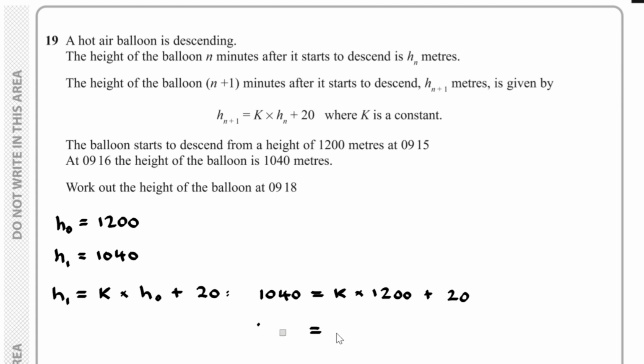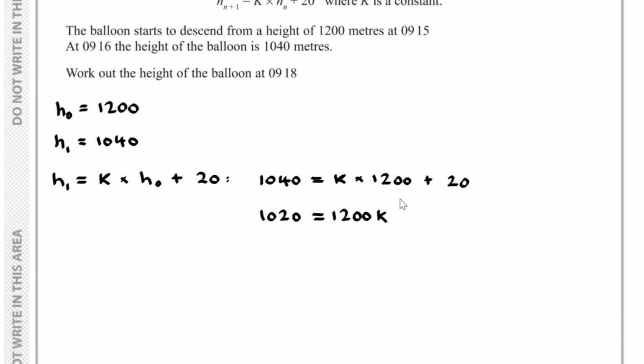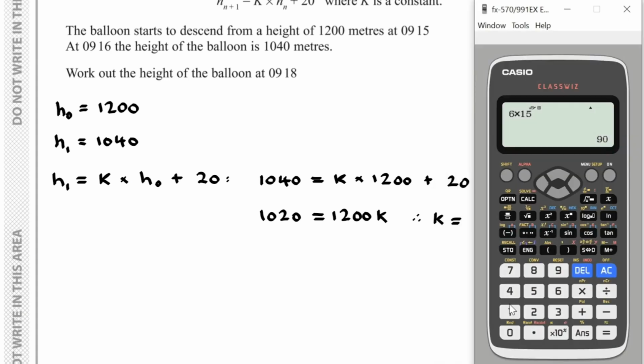Well, let's just find out what k is. We've got 1020 equals 1200k, and if we attempt to find out what k is, k is equal to 1020 divided by 1200, which is 0.85.